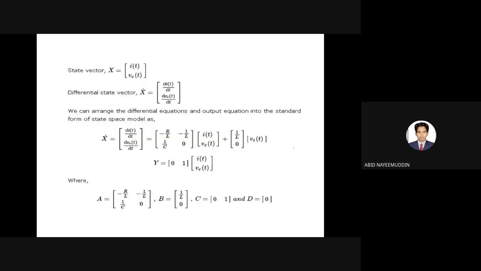We have solved one problem in the previous class. This one, a simple RLC circuit, R, L and C circuit. If you observe this RLC circuit, it has different variables, V in and V naught, along with the state variables assumed in the given problem.